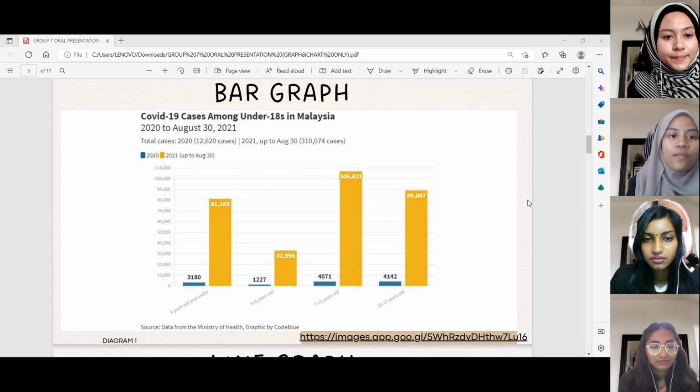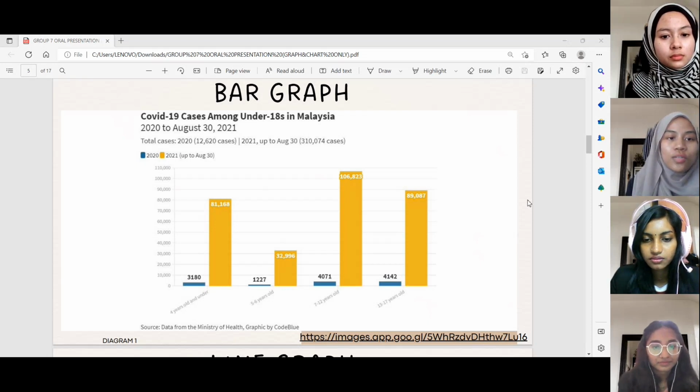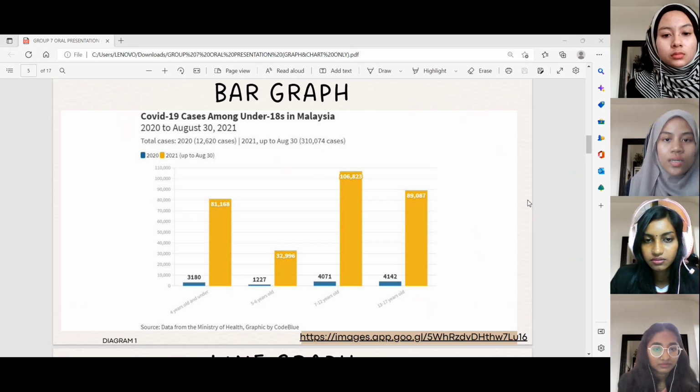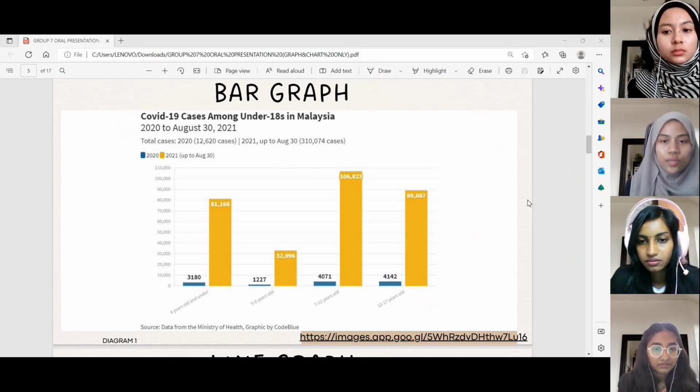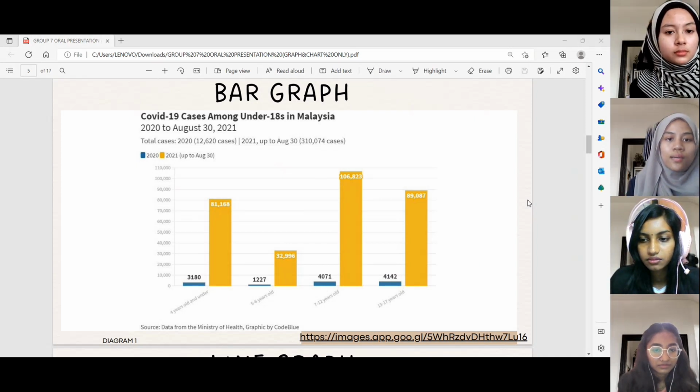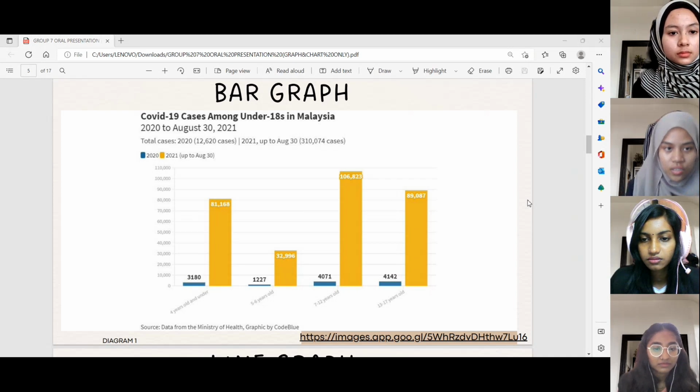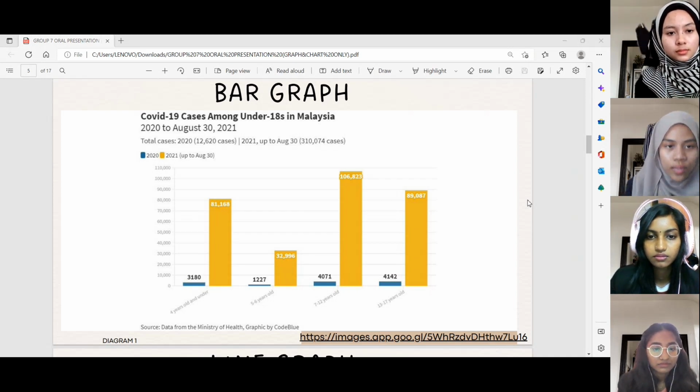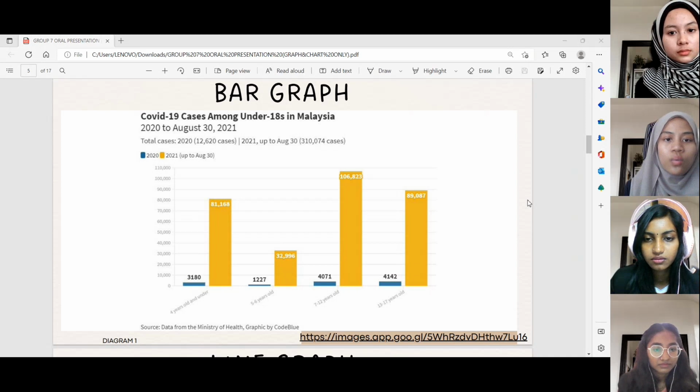For features, for 2020, it can be clearly seen that the highest COVID-19 cases were among children aged 13 to 17 years old, and children aged 5 to 6 years old were the lowest cases for COVID-19 cases among under 18 in Malaysia.